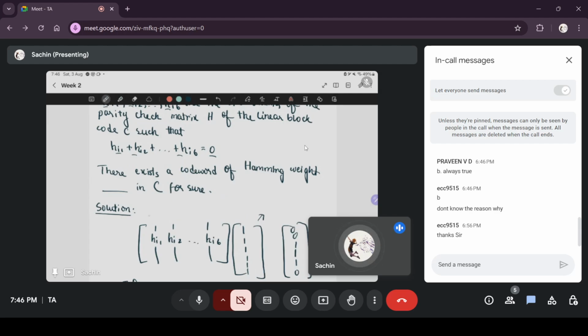When you multiply this, you will get hi3 plus hi4 plus hi5, which will be equal to 0. So that would mean this is a code word. So if some columns in the parity check matrix add to 0, then corresponding to those columns you can put a 1 in your code word and a 0 in the remaining places. That will be a code word for your code.